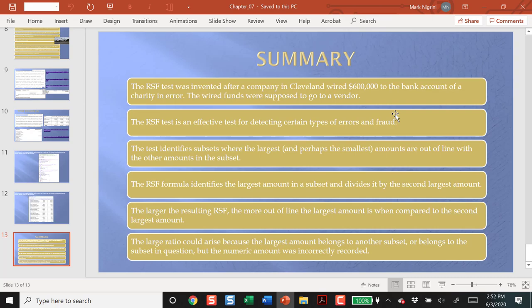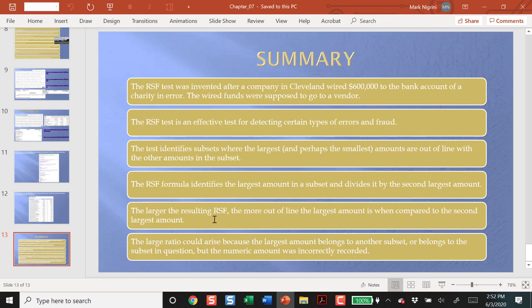This tells us when a number is way out of line with all the other numbers, and it's either way out of line because it doesn't belong to that subset, we paid that vendor in error, or it belongs to the subset but we got the number wrong, which is why it just is an outlier in that subset. Largest divided by second largest.